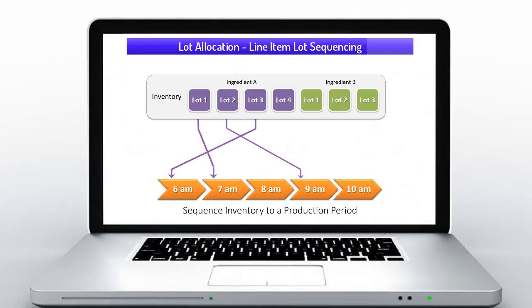As well, lot allocation ensures that ingredients that must be used before they expire are consumed in the manufacturing schedule if they expire within the planning period, and that the overall least cost ingredient lots must be hoarded and reserved for later batches in order to be able to meet the manufacturing requirements at the minimum cost.